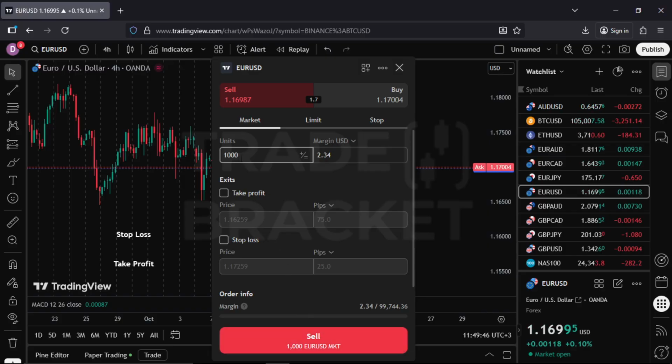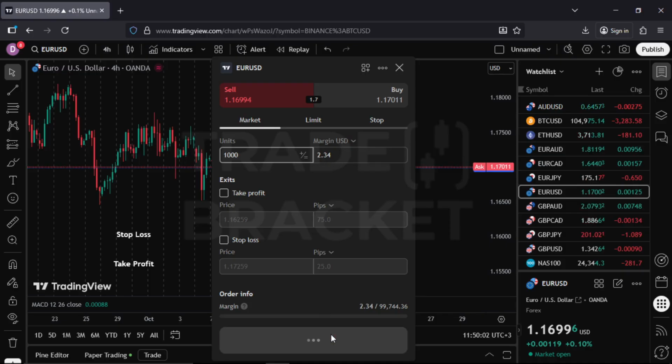I'm selling it at 1,000 units, which is the micro lot size, equivalent to 0.01 lot size.